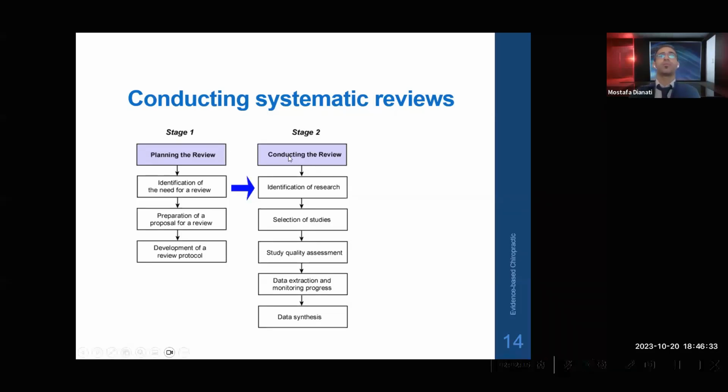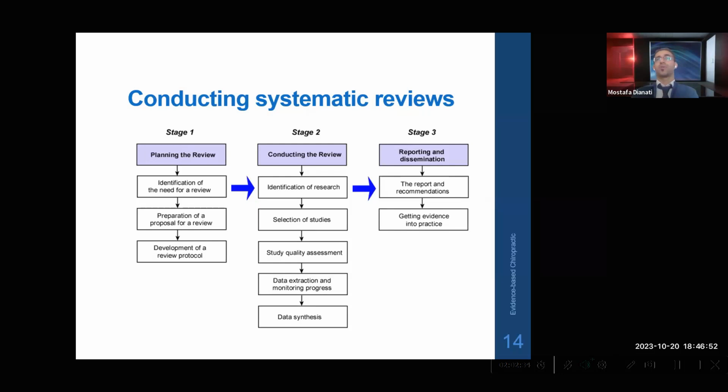Stage two, you are going to conduct a review: identification of research, selection of studies, quality assessment, as I said, like performing Newcastle-Ottawa, then data extraction and data analysis. Stage three is reporting and dissemination of your results. The report and recommendation that I have for you is to report the results of a systematic review really clearly and interestingly.